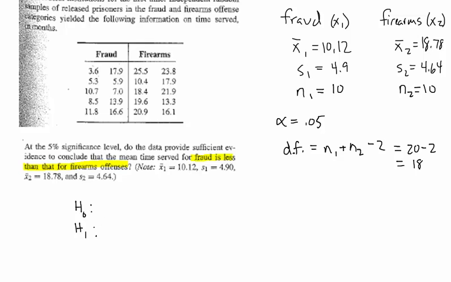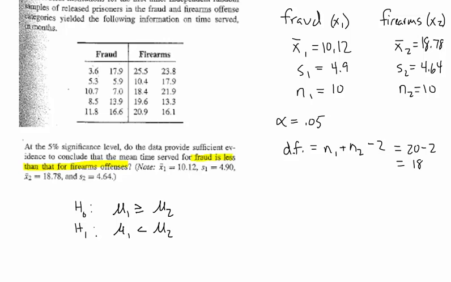If they want us to provide sufficient evidence to conclude that the mean time served for fraud is less than that of firearms, we're going to have mu1 is less than mu2, because mu1 represented fraud, so we have a left-tailed test here. And then our H0, our null hypothesis, is mu1 is greater than or equal to mu2.